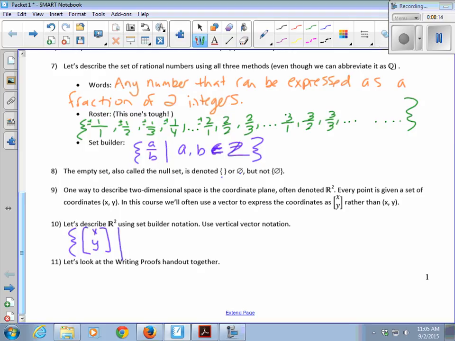Yes. x and y have to be elements of R. So we call that set R2. It's the fancy R, the double-lined R.